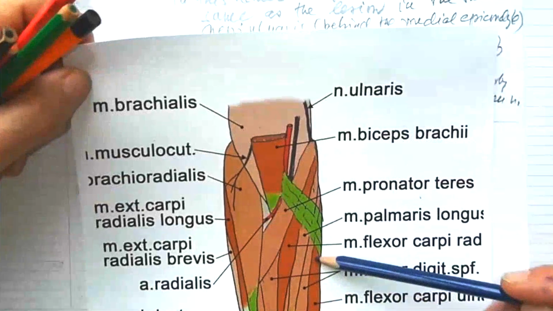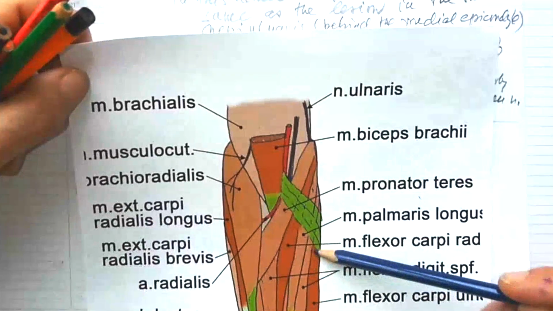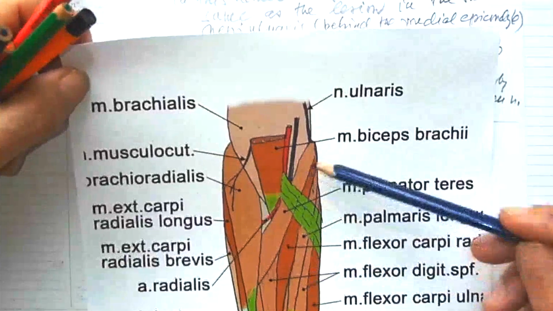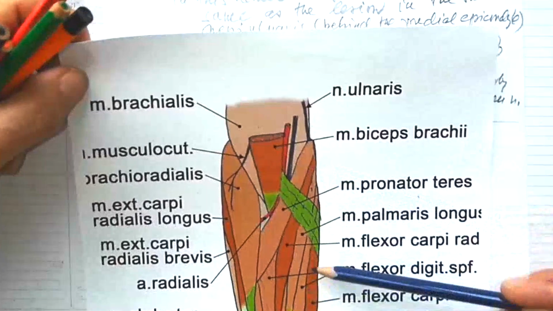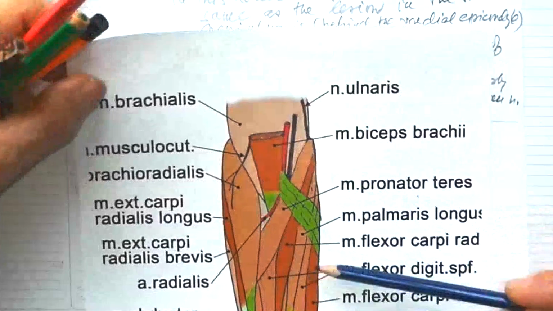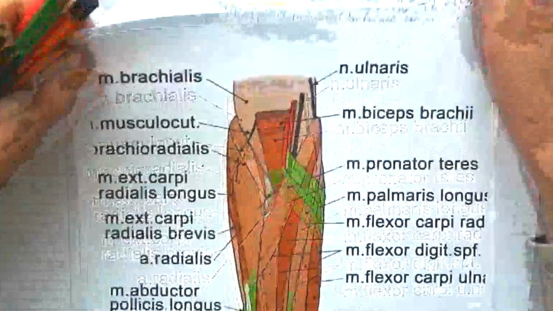The tendinous tissue or connective tissue contains, or through the tissue passes, the ulnar nerve. We don't see the course now because it passes relatively deep, and then it can compress. So we speak about a cubital tunnel syndrome.